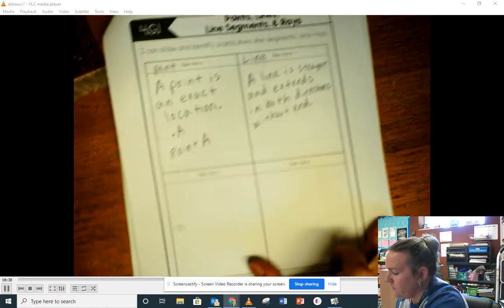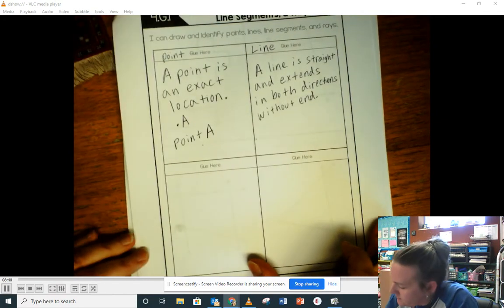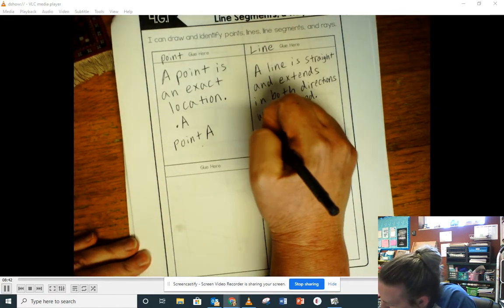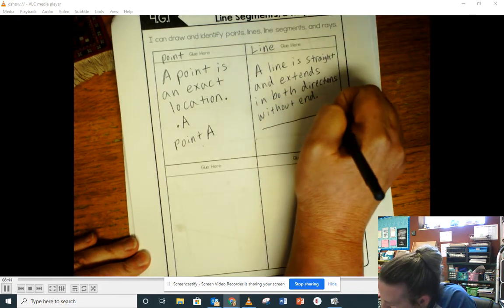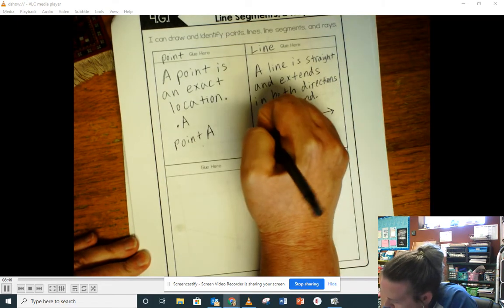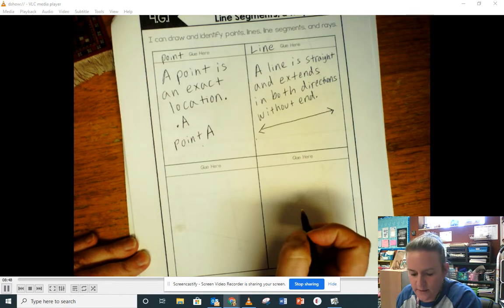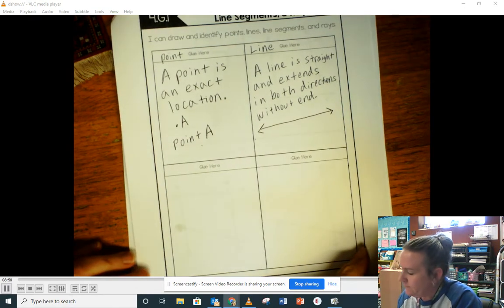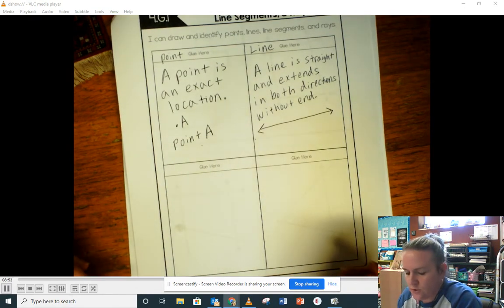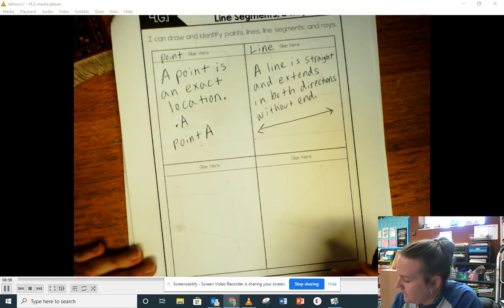Okay, then how would we draw this for a line? We just draw a straight line and we put arrows at both ends to show that it continues forever. Now, if we had a whole geometry picture, how would we identify which line we are talking about?